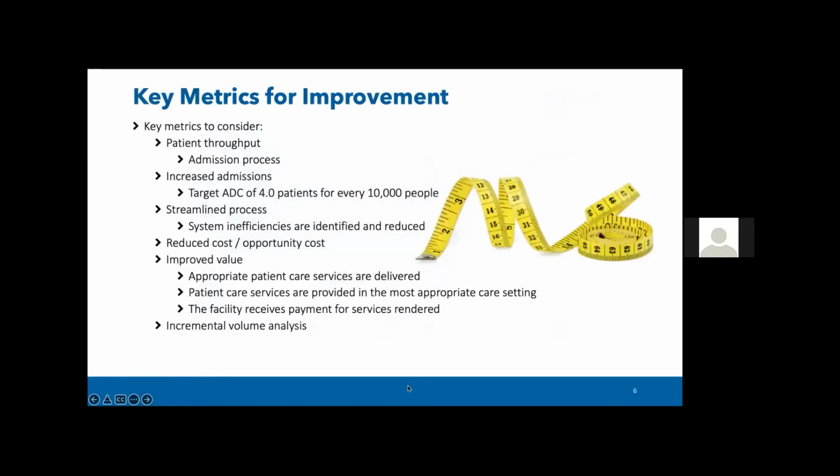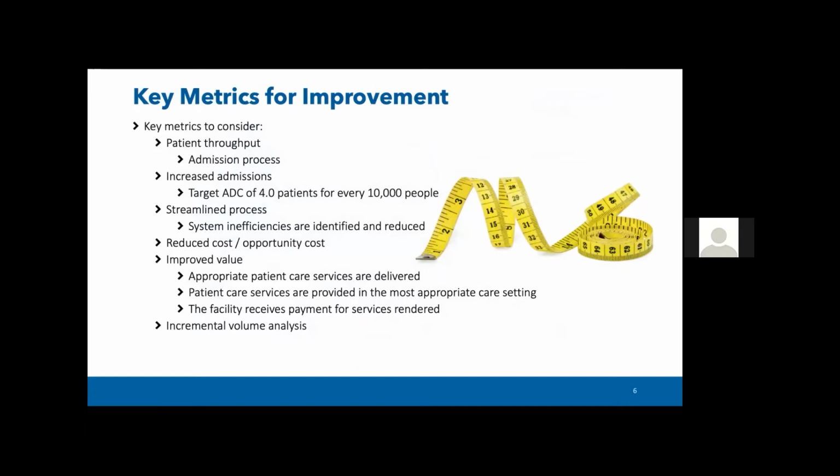So when we look at developing a clinical care delivery spectrum, if we are completely successful in implementing it, what are some of the key metrics that we'll see as it relates to improvement? We talked a little bit about the admission process and the patient throughput. Really streamlining your process will lead to greater efficiencies across the organization.